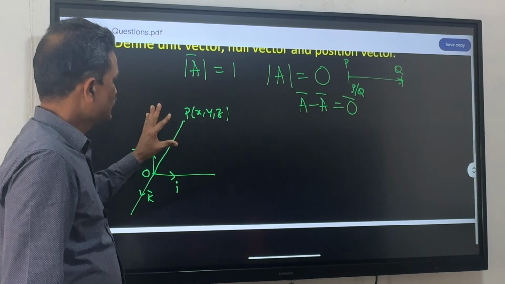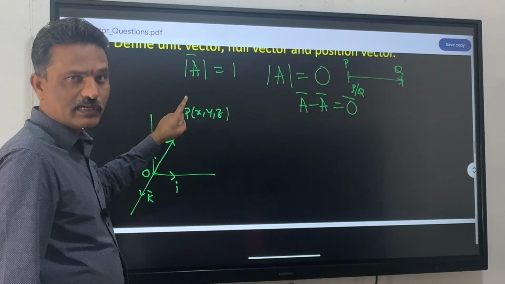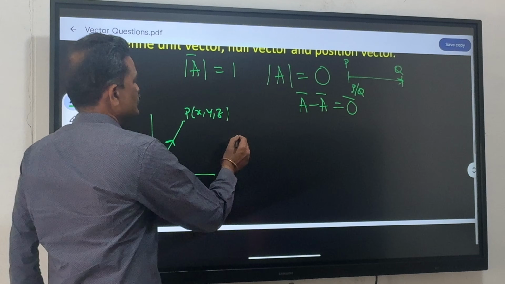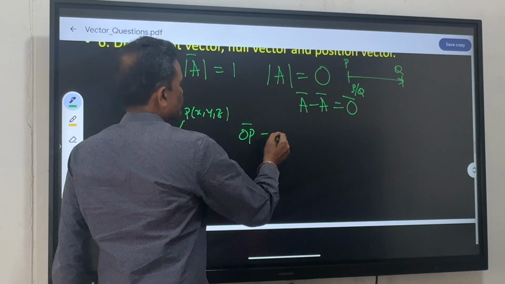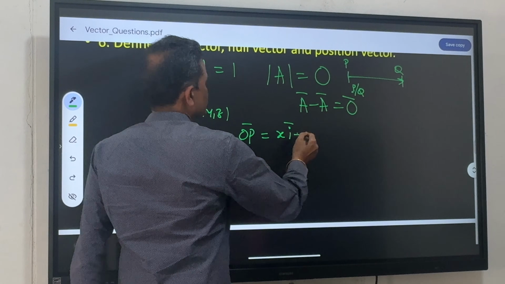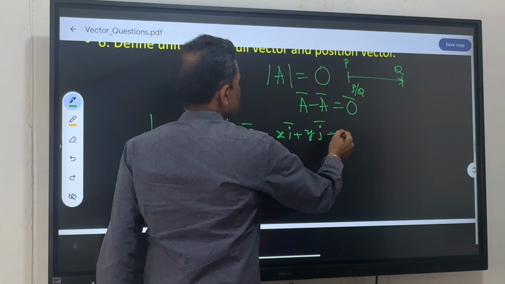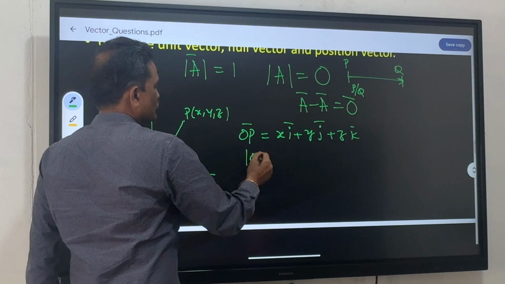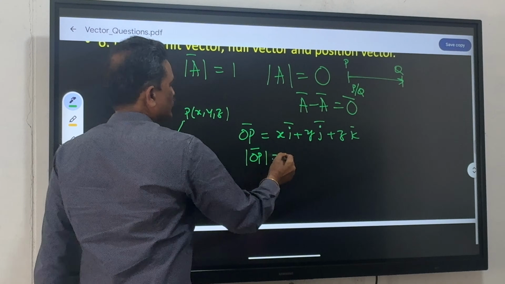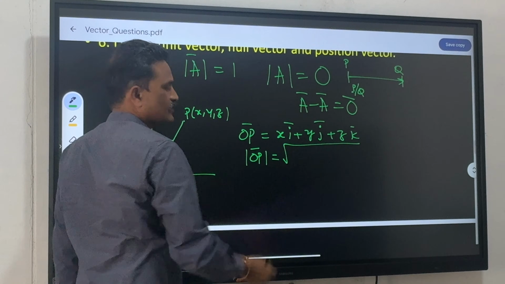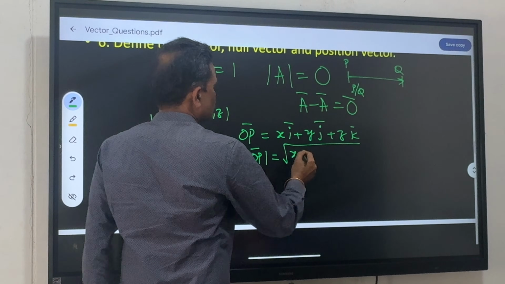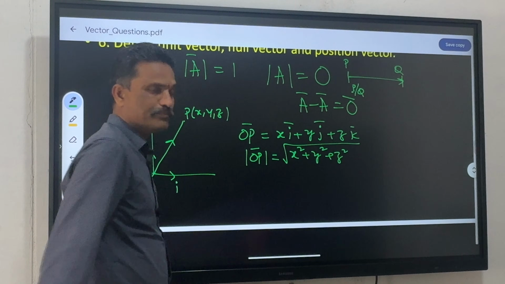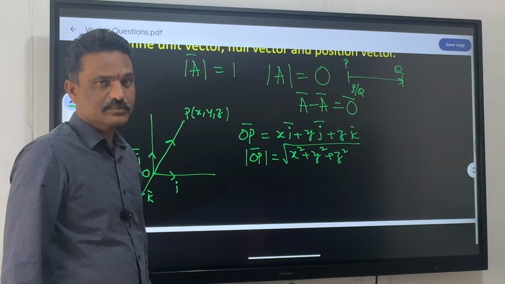Position vector gives the position of an arbitrary point with respect to the origin. This OP is called position vector. It is represented by xi plus yj plus zk. What is its magnitude? The position vector magnitude is given by the square root of the sum of squares of the coefficients of i, j, k. That means square root of x square plus y square plus z square. This is the simplest way of writing a 4 marks question.